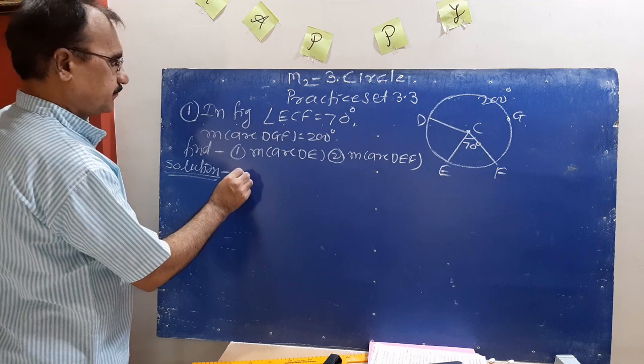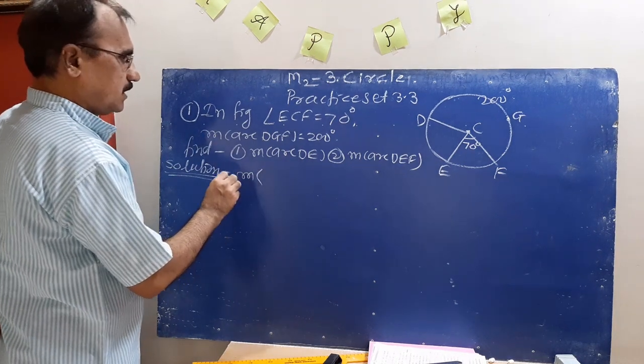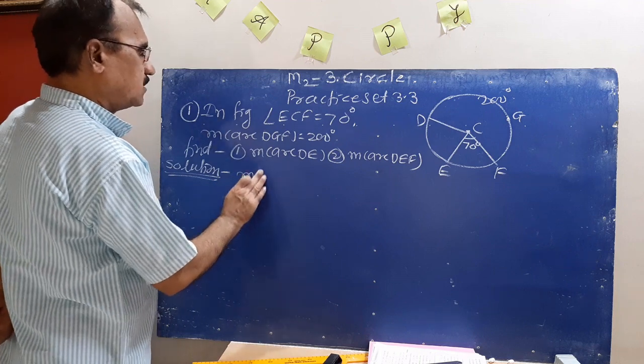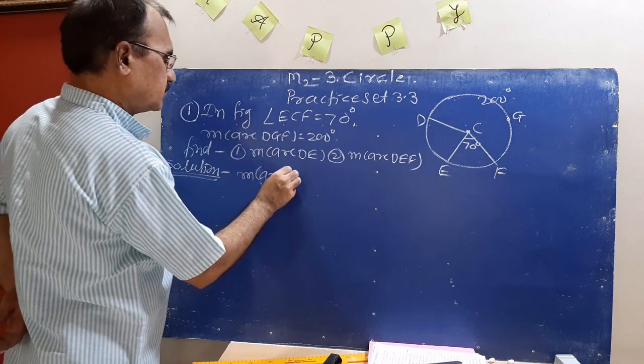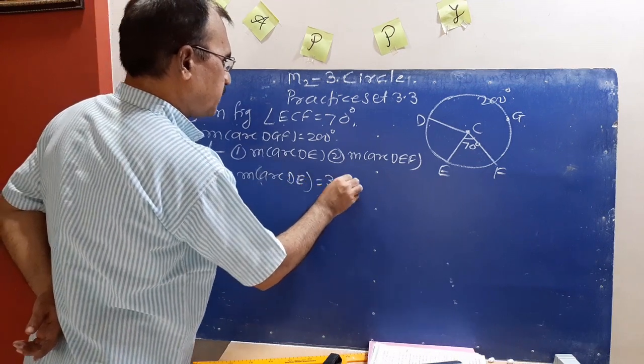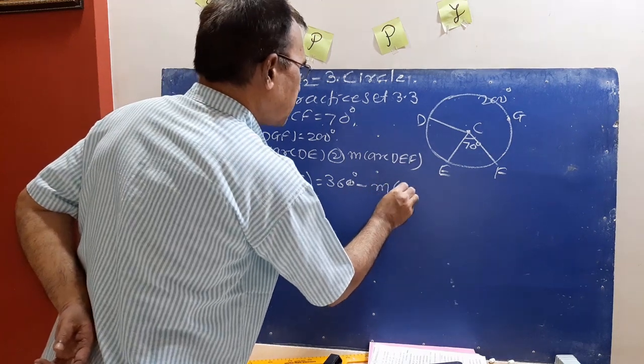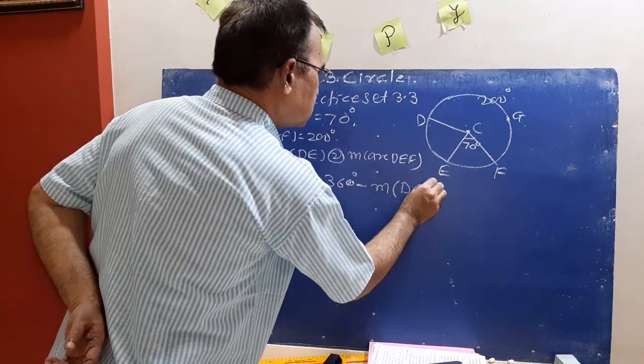Here, measure arc DE is equal to 360 degrees minus the measure arc.